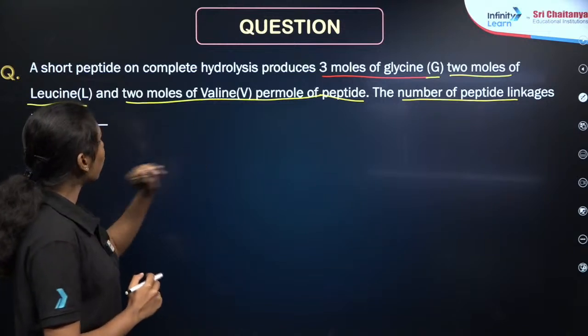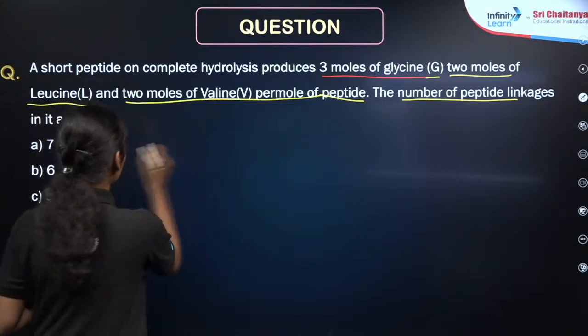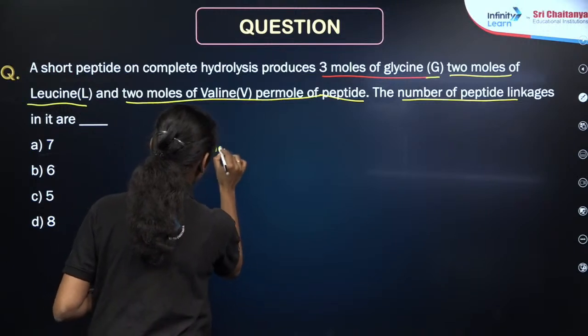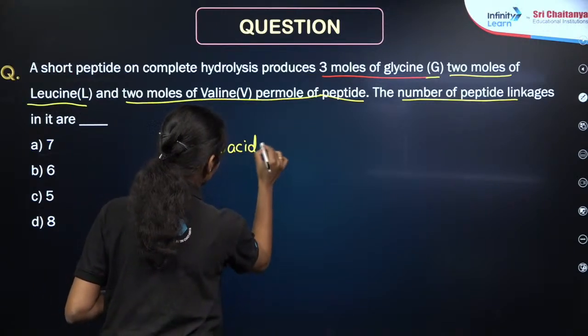It is given that it forms 3 plus 2 plus 2, so 7 amino acids are present in this particular peptide, right?